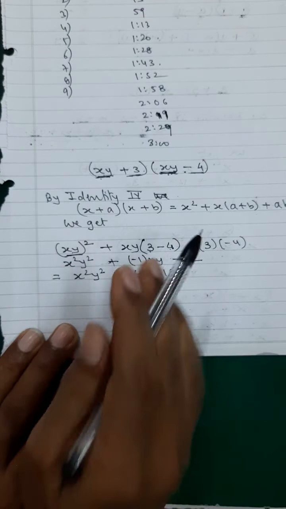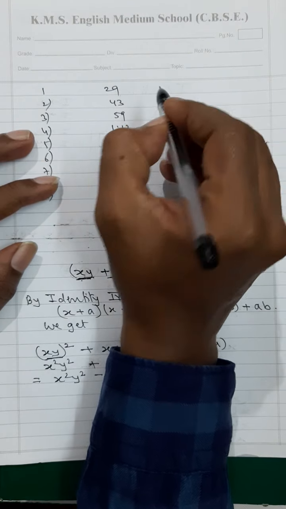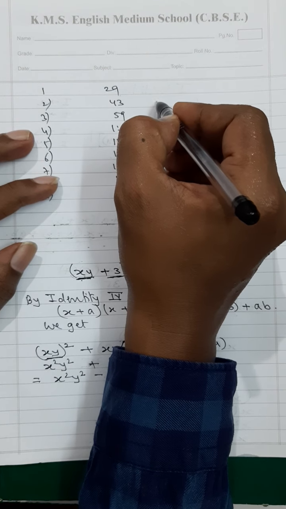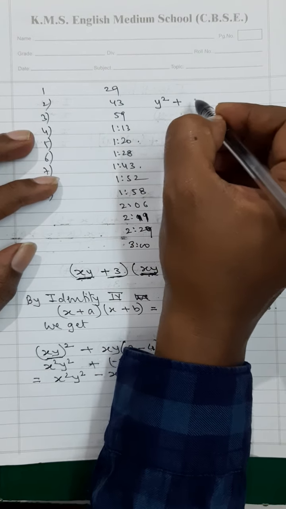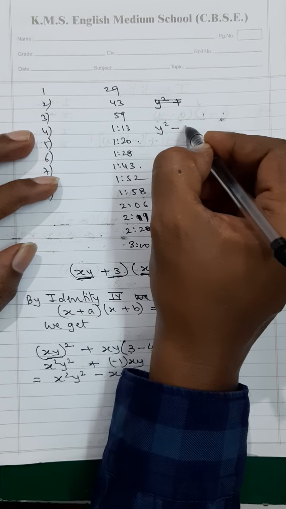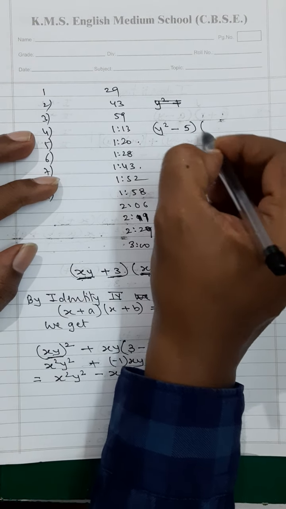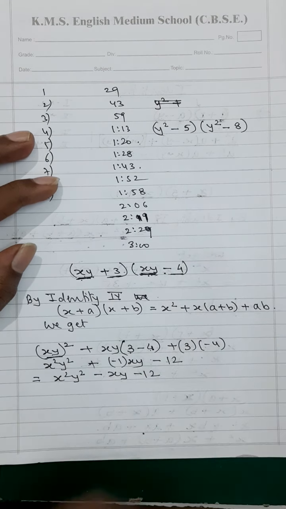Whatever the first term is, it can be something else. Even if I make it more complex, I can write it as (y square plus 5) into (y square minus 8).